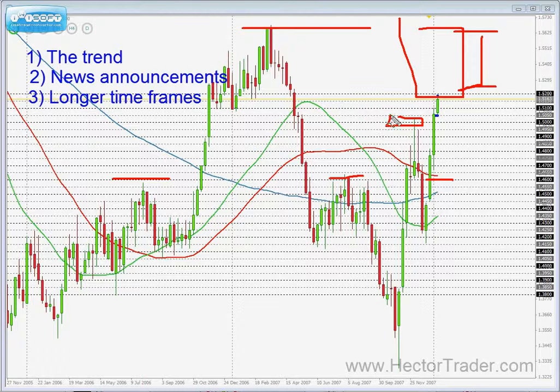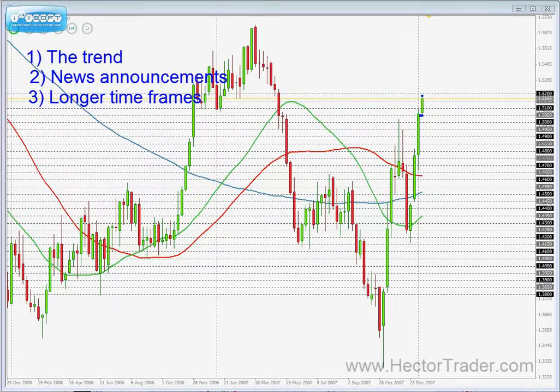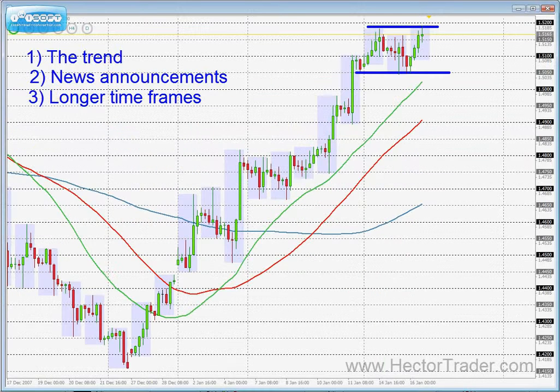This one, the one that I showed you on the daily chart, also got broken to the upside. So as far as the longer time frames, I see no particular contradictory signal. No conflicting signal on the longer time frames. So that's all right. We have the green lights as far as the daily and the weekly chart goes.